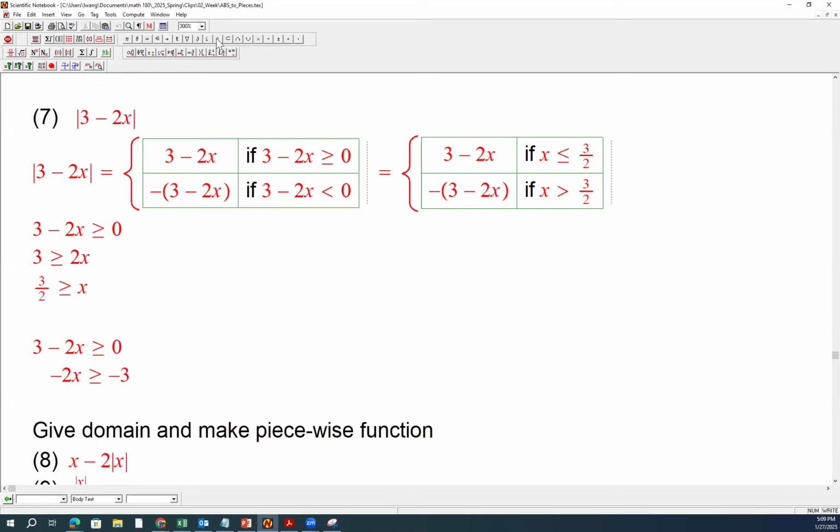And then you divide both sides by negative 2. When we divide both sides by a negative number, we have to switch the direction of the inequality sign. So you're also going to get x less than or equal to 3/2.